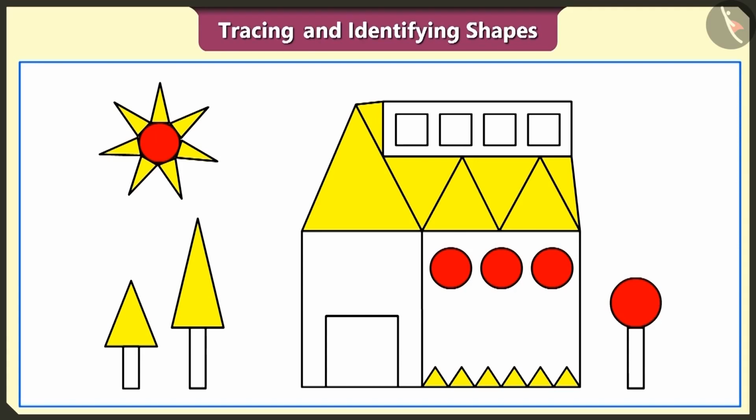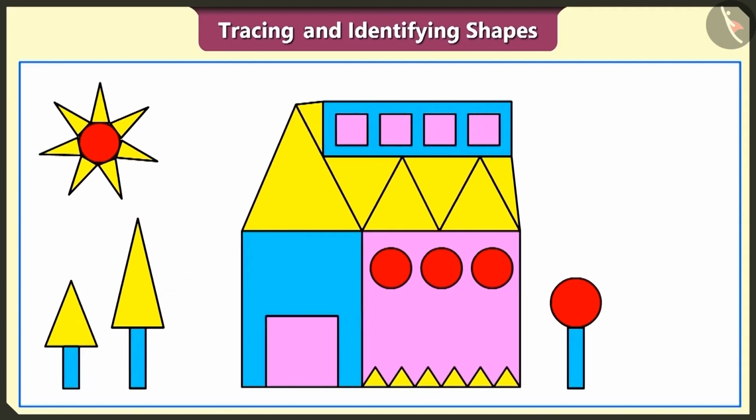Look, there are several square shapes in this figure. We will fill in the square shapes with pink color. Thumbkin, is there any shape yet to be filled with colors? The rectangle shape. You are right. Now we will fill the rectangle shapes with sky blue color. Yes, look Pointer.